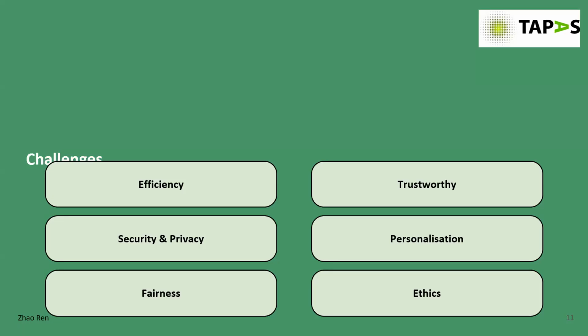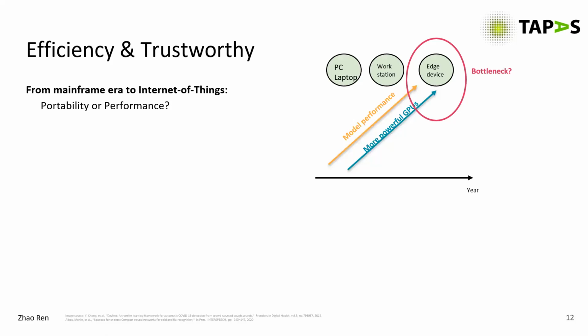Apart from the opportunities, there are also many challenges in the future for us to address. The first I'd like to introduce is efficiency and trustworthiness, from the mainframe area to the Internet of Things. We used PCs, laptops, and workstations to train deep neural networks.